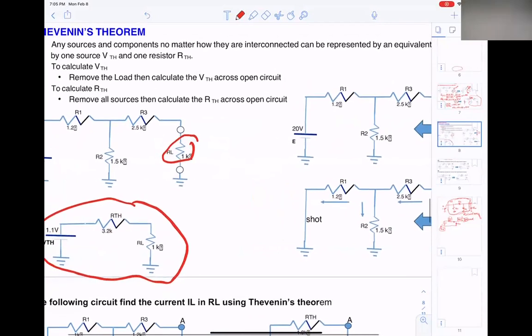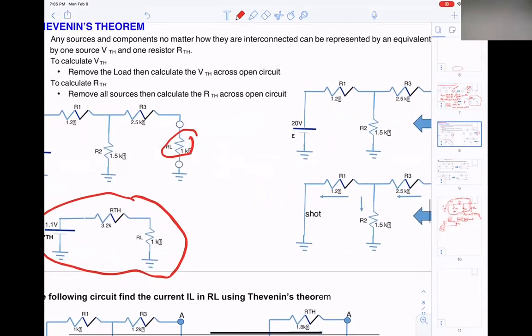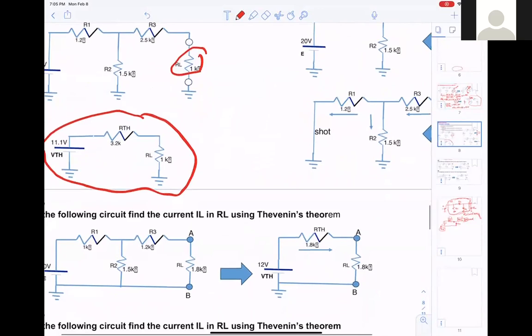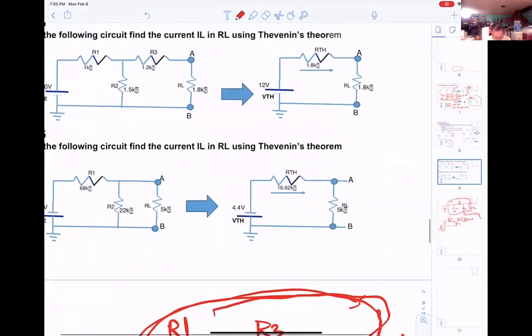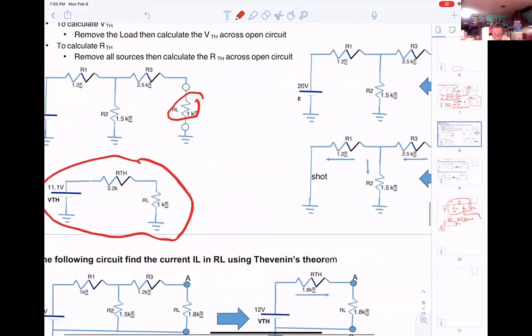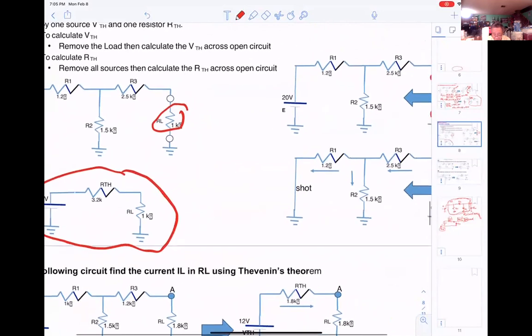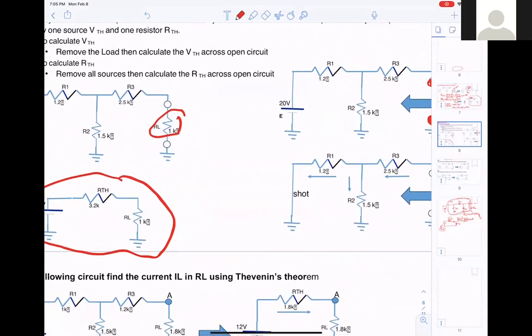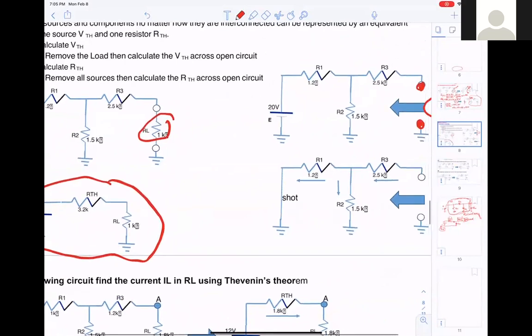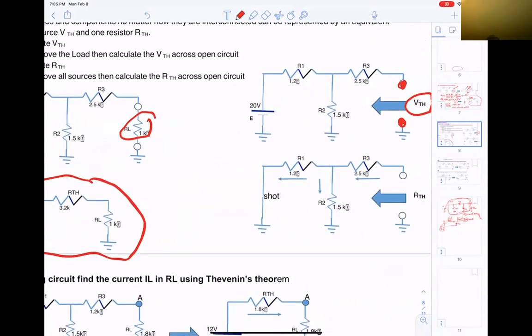V out. Voltage Thevenin. Let's see. I see it in here. They say something. No. You use the voltage divider, the voltage drop across the 1.5K. Okay. When you're looking into here, you can see the voltage will be here, right? Right.